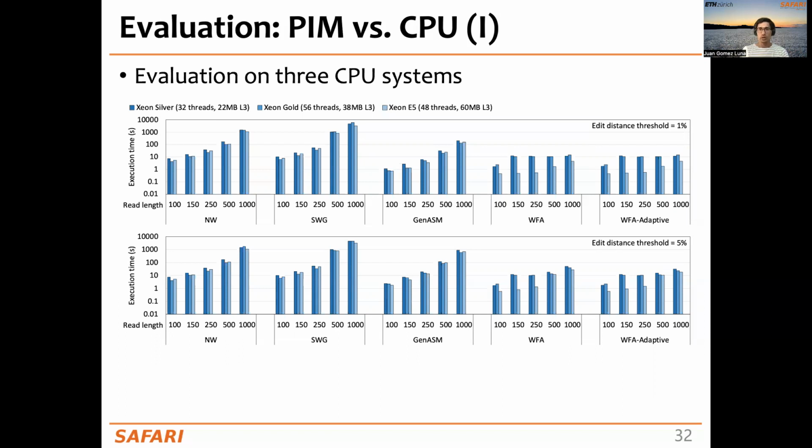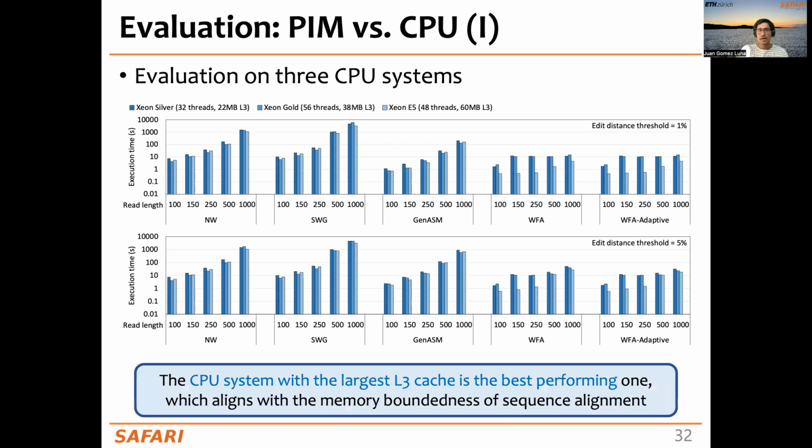So if we are considering an edit distance threshold equal to 1%, that means that there might be differences of 1% between the 2 sequences. And one first observation here is that for the different algorithms, the CPU system that has the larger L3 cache is the one that performs the best.